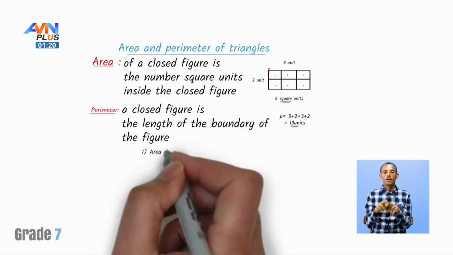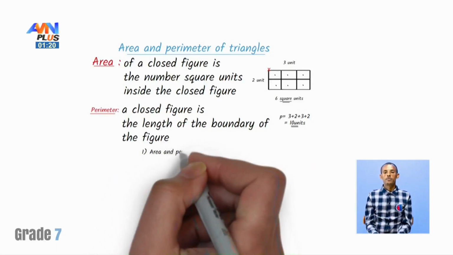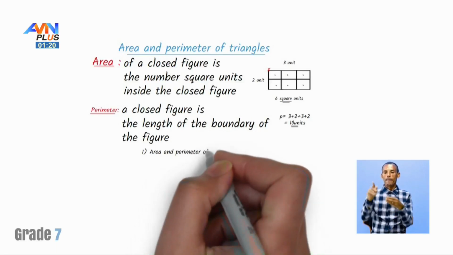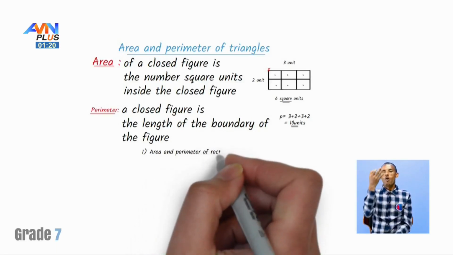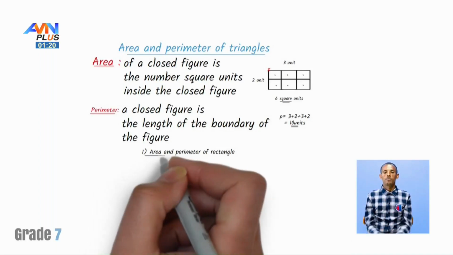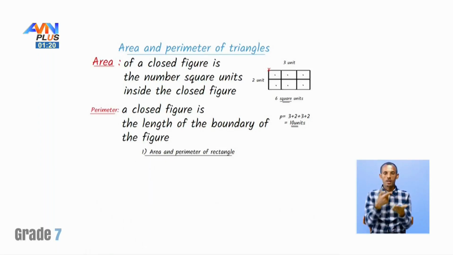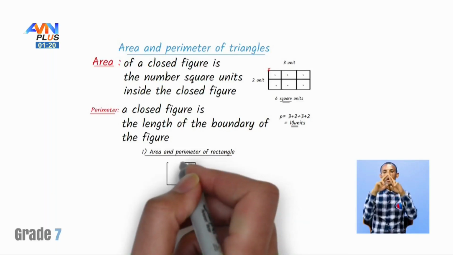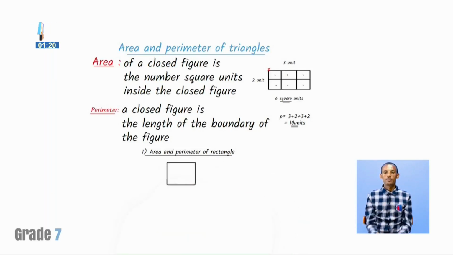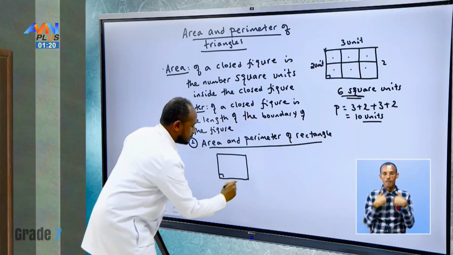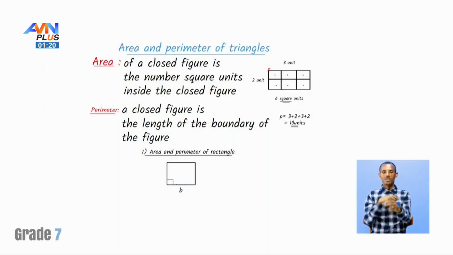Area and perimeter of rectangle. Okay, here, if you have a rectangle, and assume this length to be the base, let's take the letter B, and this one is the height.